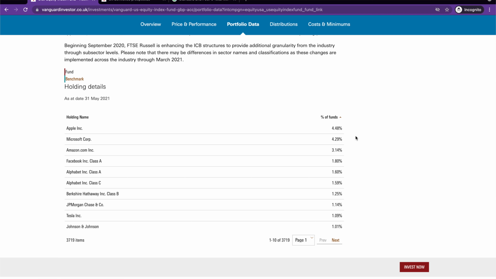And remember, this fund has over 3,700 individual companies that it invests in. So as we go to the next pages, you can see how the weight of those individual companies in the fund drops and gets smaller and smaller, right?